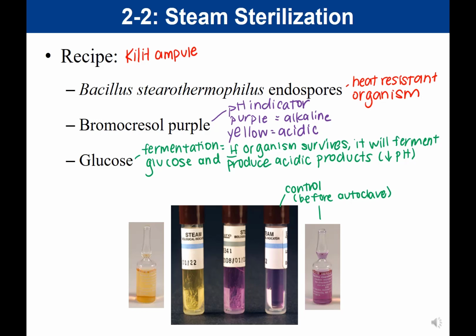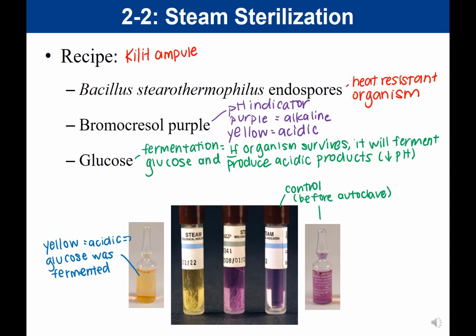So if we see yellow, yellow is acidic, and that means that glucose was fermented.